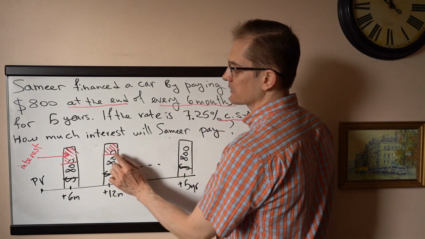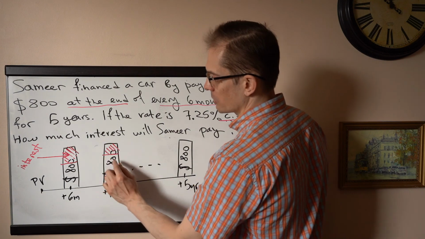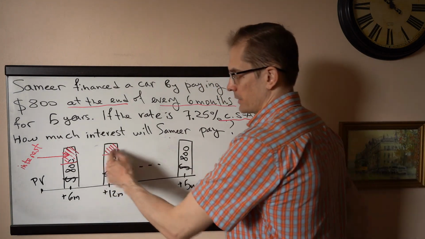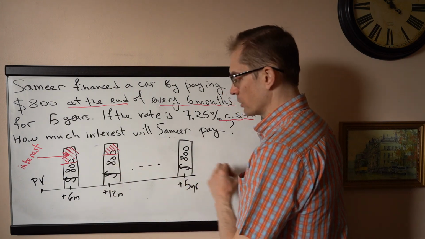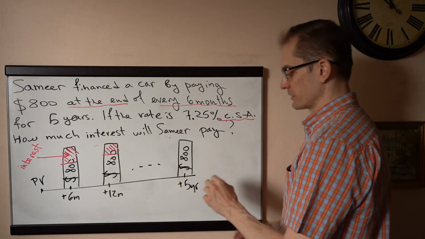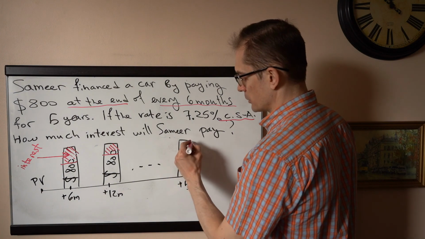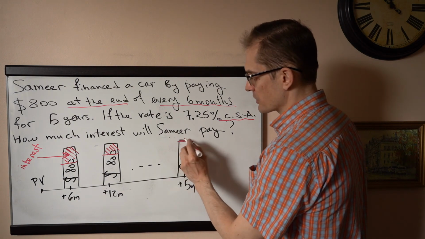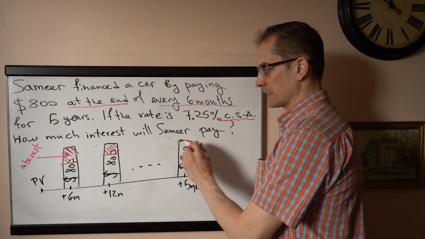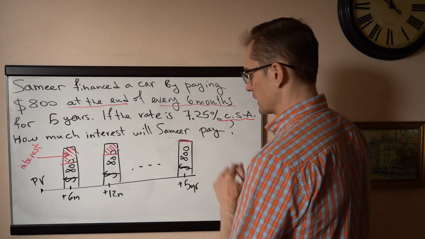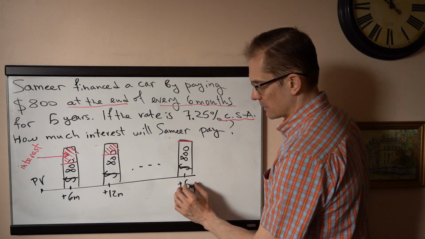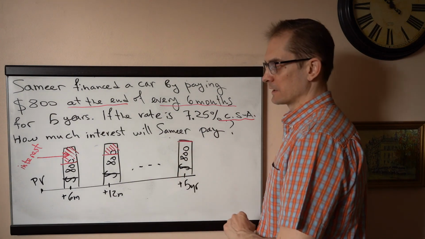So now the next payment will contain just a bit smaller interest portion, and so it will go until almost all of your $800 will go towards your loan, and interest will be just a very slight portion of this last payment, right? Almost all of it will go towards the loan, and the last payment will completely close that loan.